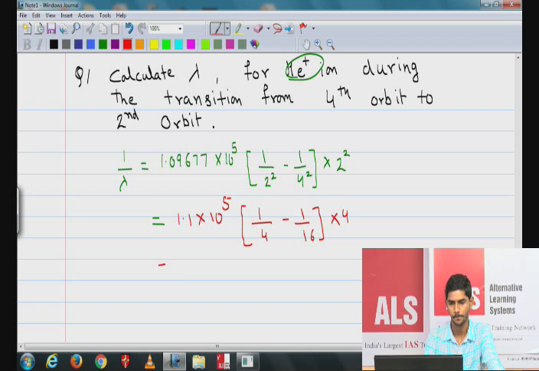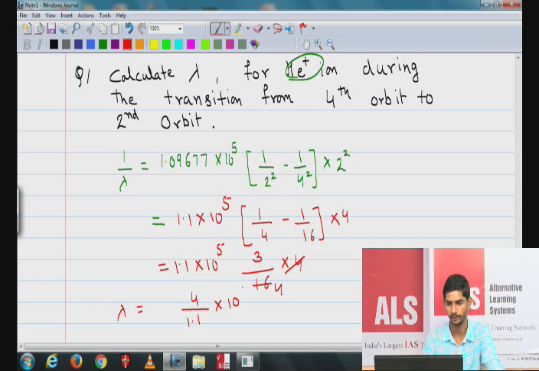Now, 1.1 into 10 to the power 5 upon 16. Here it will be 3 into 4. So 4 4s are 16, it will be cancelled out. So when you reciprocate it, it will be equal to 4 upon 1.1 into 10 to the power 5.